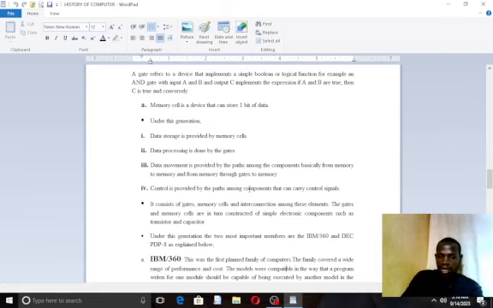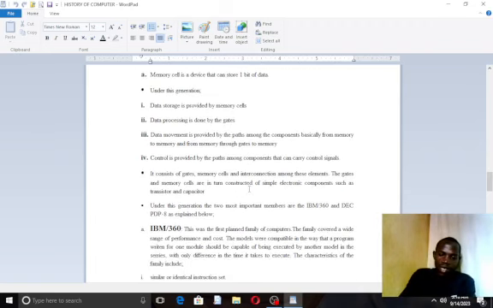Under this generation, the two most important members are the IBM System/360 and the DEC PDP-8. Beginning with the IBM 360, it was the first planned family of computers.